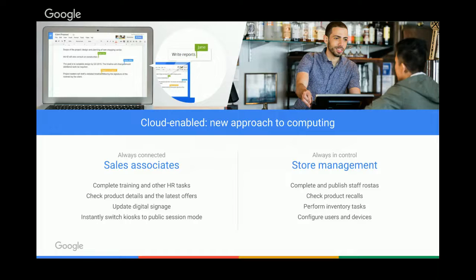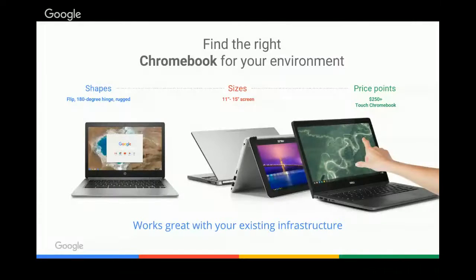Those are use cases that hopefully you can all identify with if you have worked in the retail space. But let's go into the types of form factors, because form factor does matter in providing this versatility. The good news with Chromebooks is we have devices from $85 all the way to $1,000 and everything in between in terms of price points.